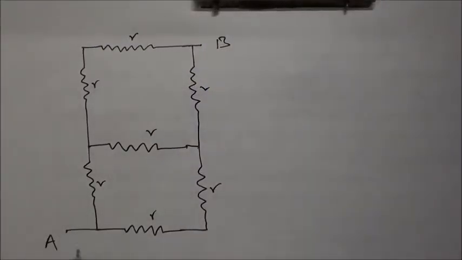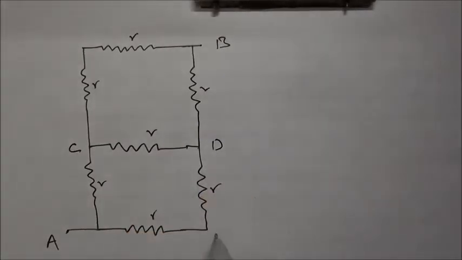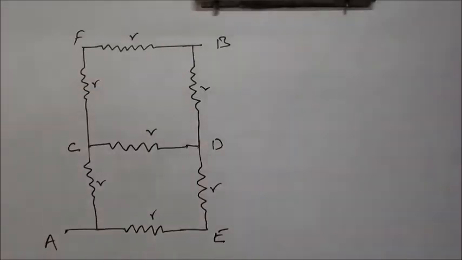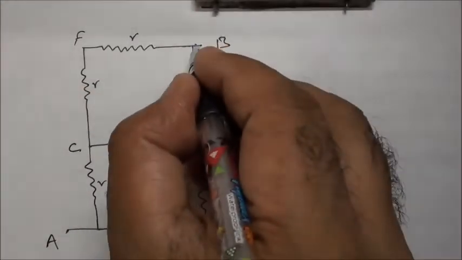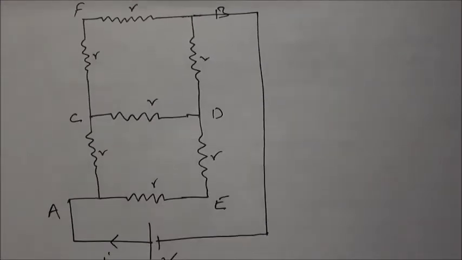Now take this problem. If we have to find out again the equivalent resistance between A and B, let us take these points as C, D, E and let it be F. Then again we will take a battery between these 2 points. Let it be V, with current I moving out of it.